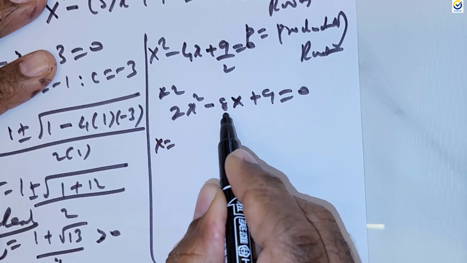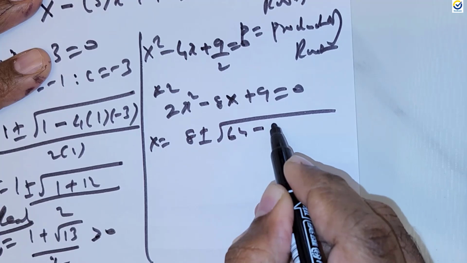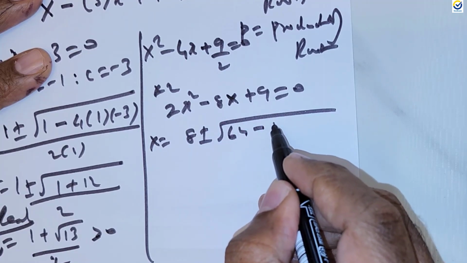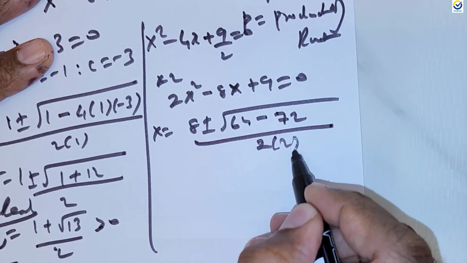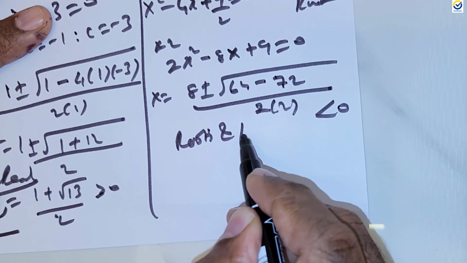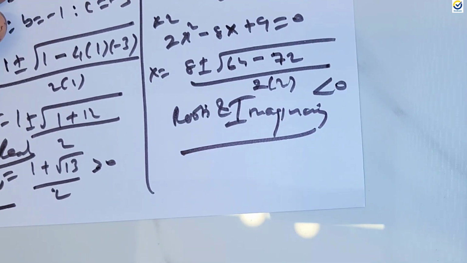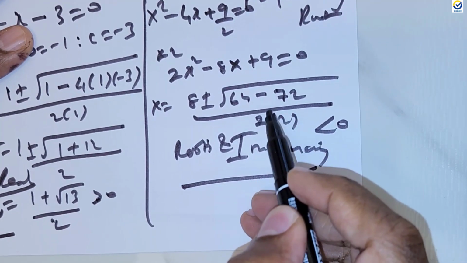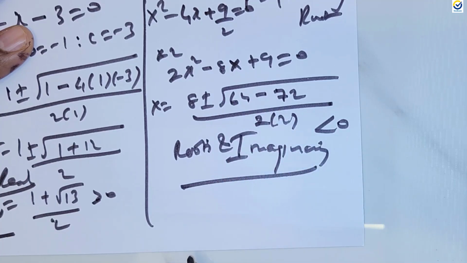So minus b, that's going to be 8 plus or minus root of 64 minus 4 times 2, which is 8, times 9 is 72, divided by 2 times 2. This is less than 0. So the roots are complex here, or imaginary, or you can just say complex, because the discriminant is producing a negative component inside the square root.